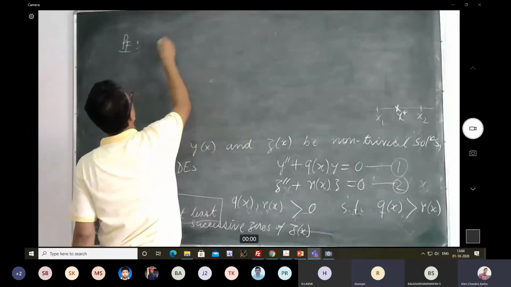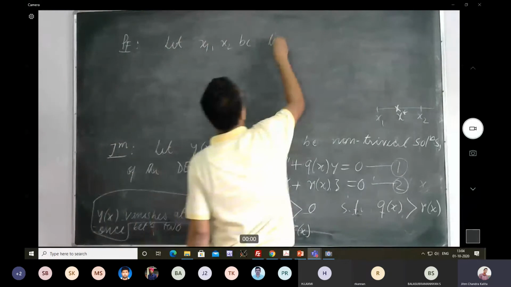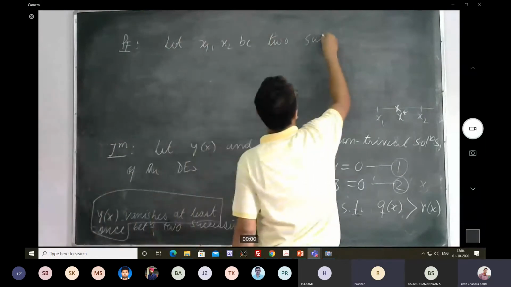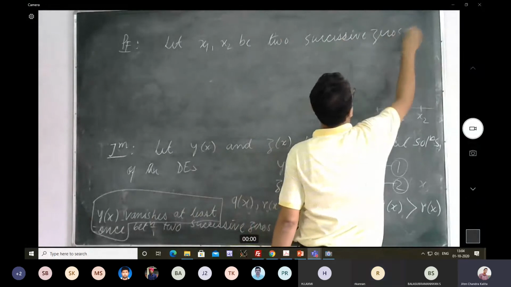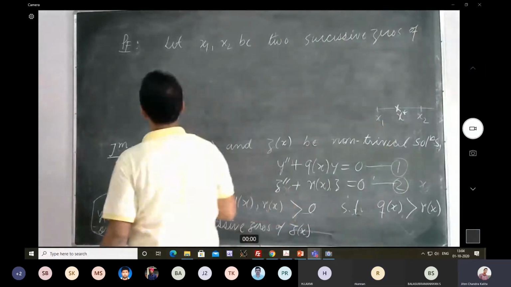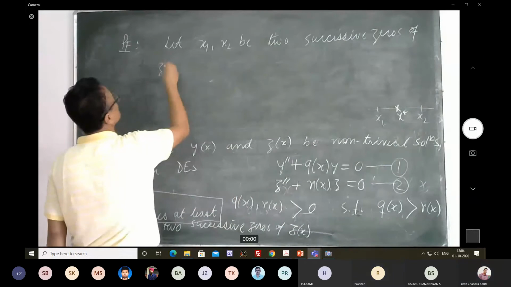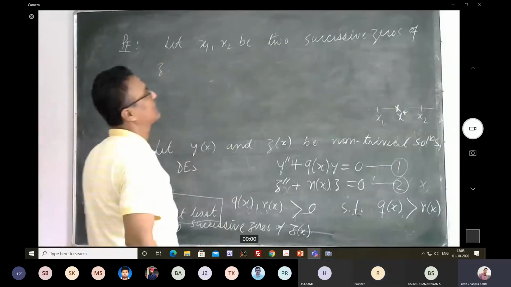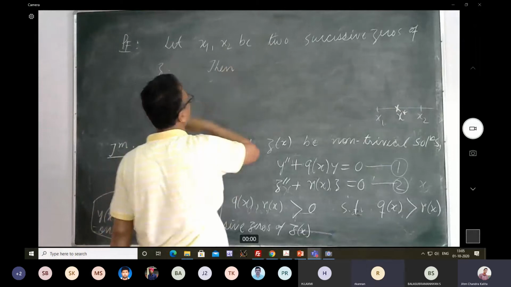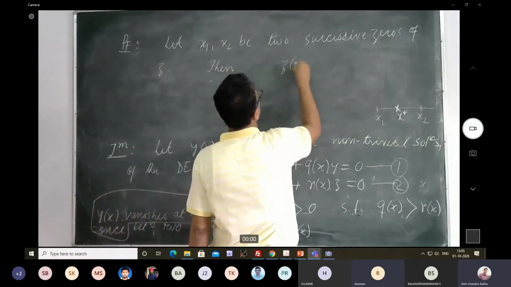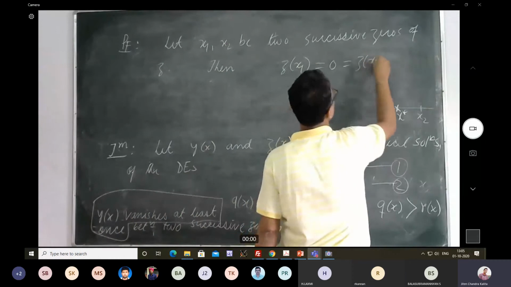So let x1, x2 be two successive zeros of z(x). Then definitely z(x1) equals 0 equals z(x2).